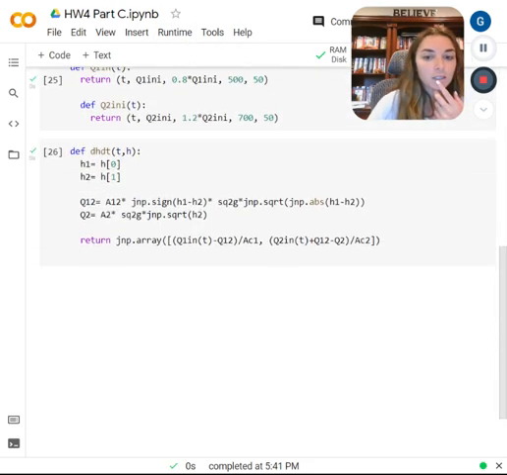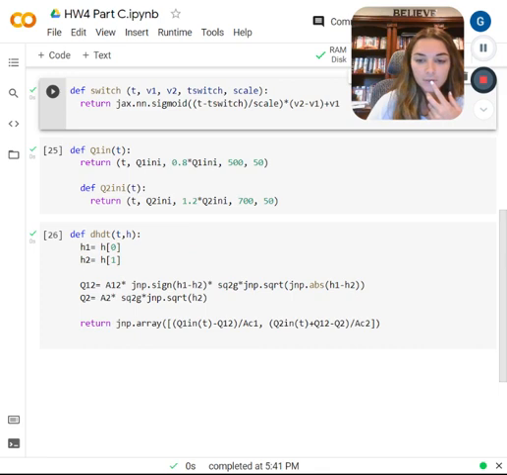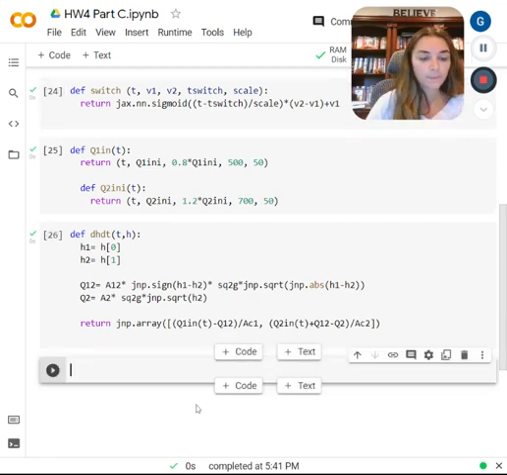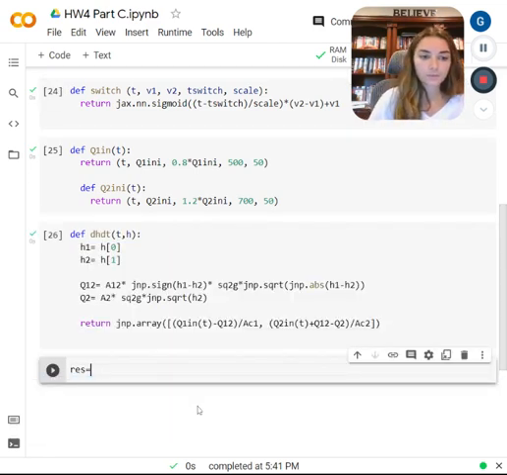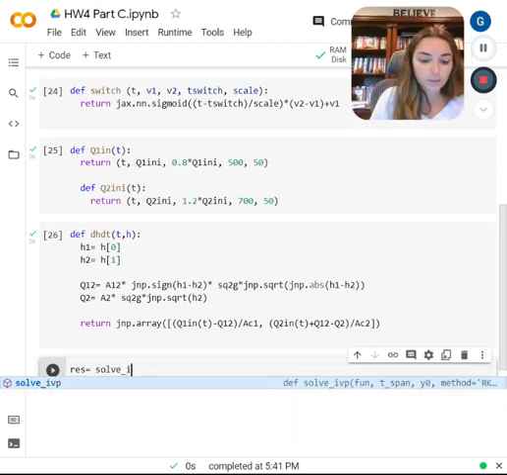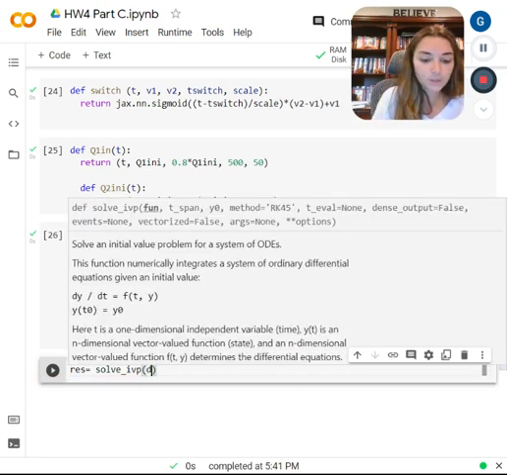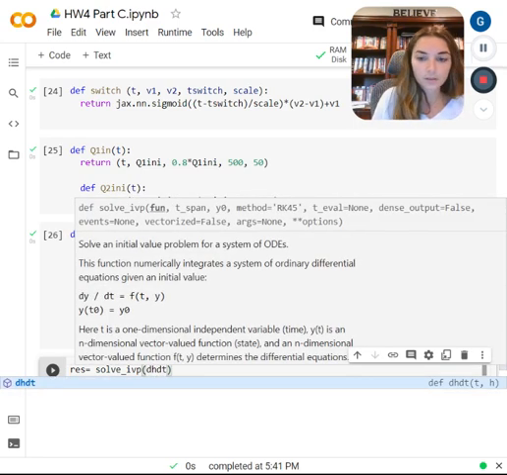It all looks good. And then next thing we want to do is we want to start solving for our flow rates. So for our result, we're going to solve our initial value problems. And find what's our right-hand side of our equation.